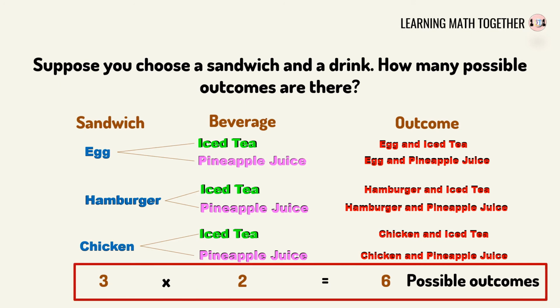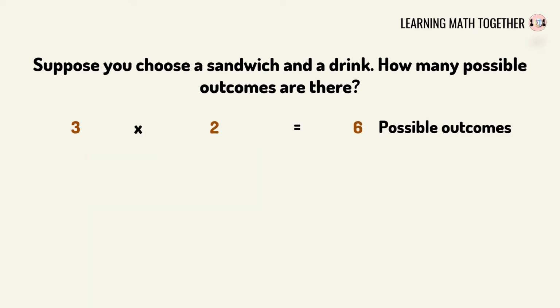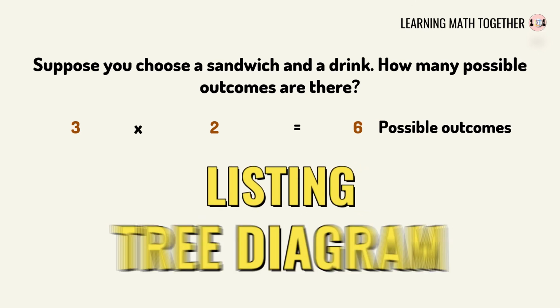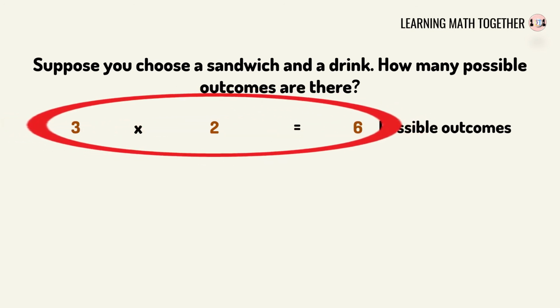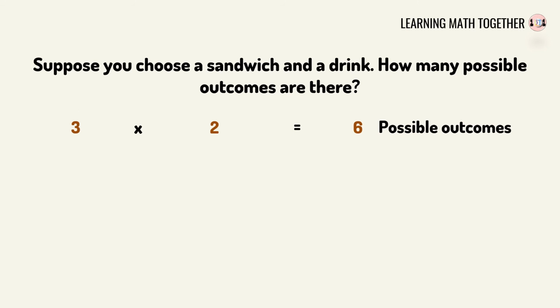And that means you can express it in numbers in order for you to get all the possible outcomes. So we have here our solution a while ago that instead of doing listing method and a tree diagram, we multiplied the number of ways we could choose a sandwich and a beverage, and there we got the total possible outcomes, which is 6.